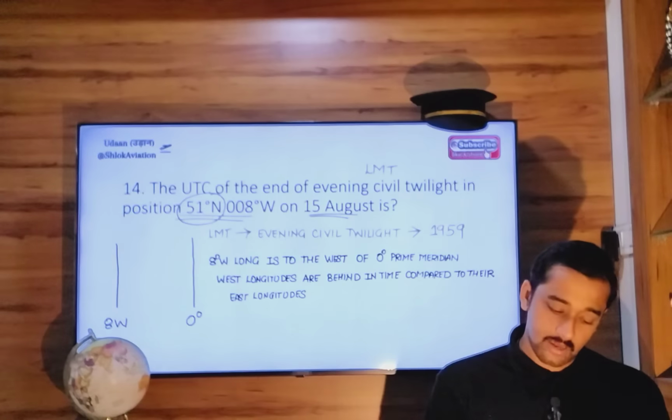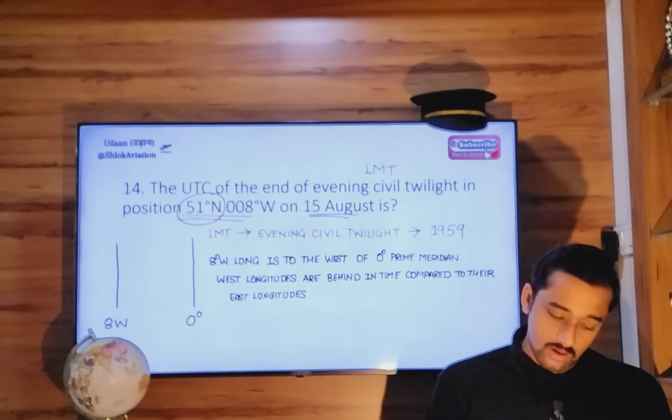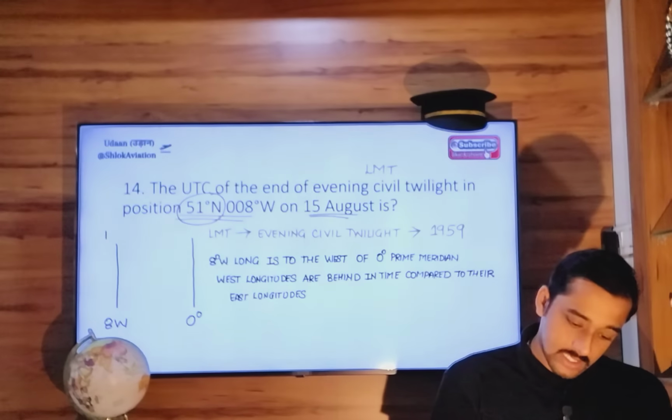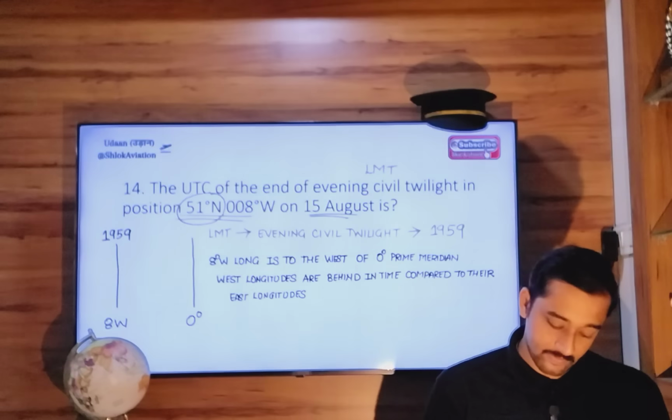So the LMT at 8 degree west is 1959. Now we want to convert this into UTC time. So what formula will you use?